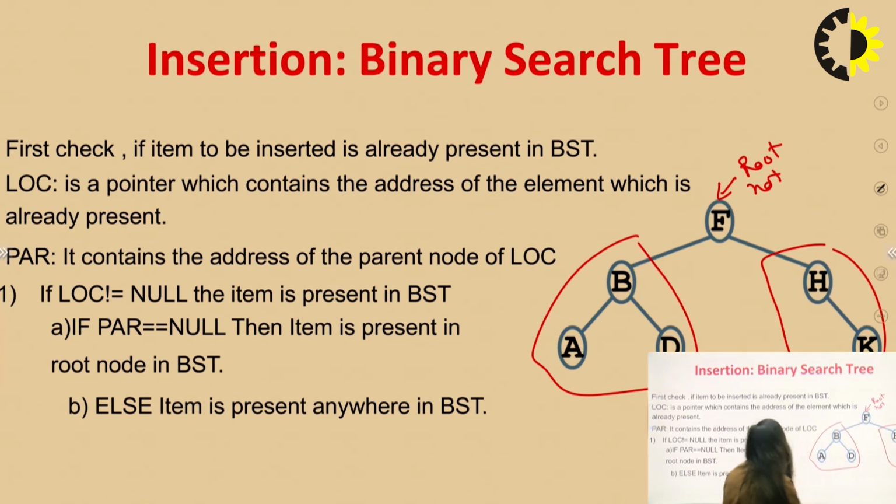Both hold the address of different nodes. Location is a pointer which contains the address of the element which is already present. For example, LOC stores the address of this node. And PAR contains the address of the parent node of location. So the location node is this, and what is its parent node?